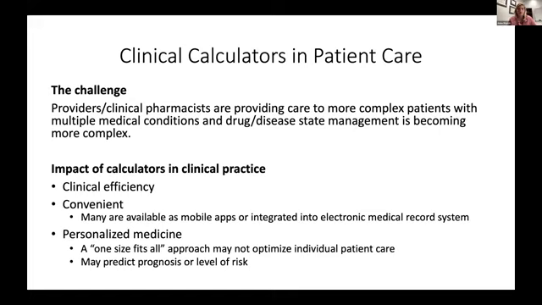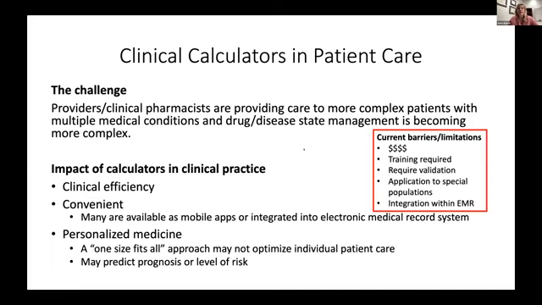Some may help us predict prognosis or risk for developing a worsening or chronic disease state. So, okay, this patient is high risk for this disease state or having a stroke or what have you. We can use calculators to determine their risk factors, and that may help us come up with a drug therapy that's going to help minimize those risks.